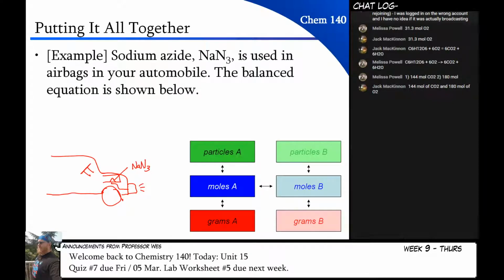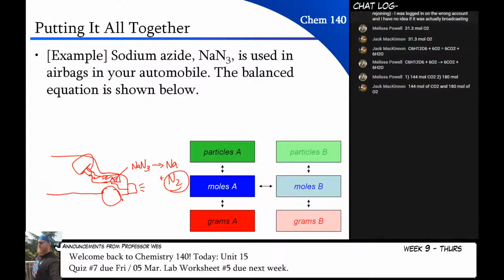It's basically triggering a fuse, and when the fuse lights, the sodium azide decomposes into sodium and nitrogen gas. And so this is all connected. So then this area fills with nitrogen gas really, really quickly. And it goes out the steering column, which then inflates the airbag very quickly.